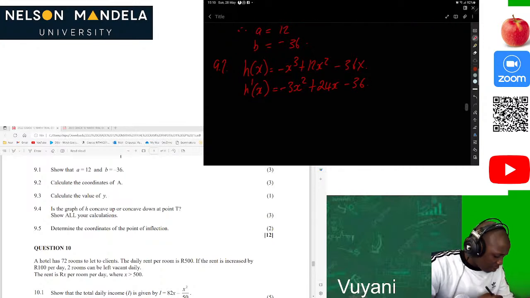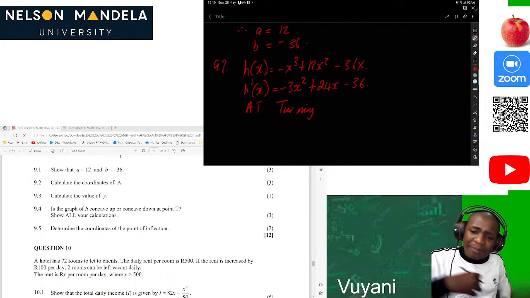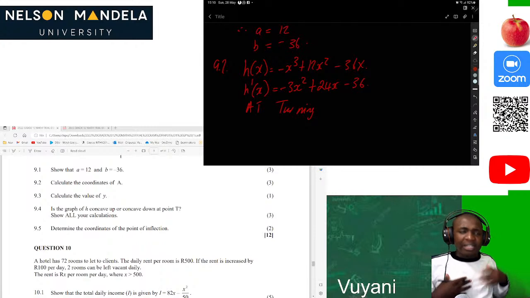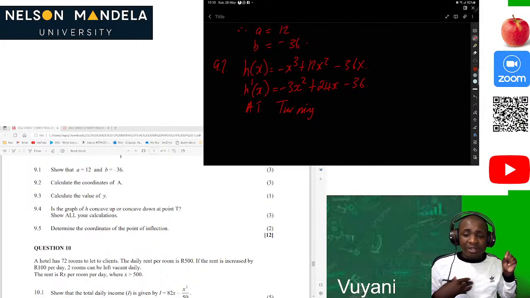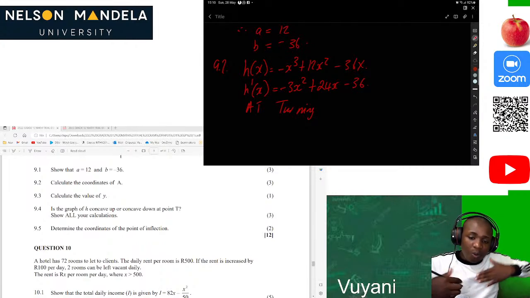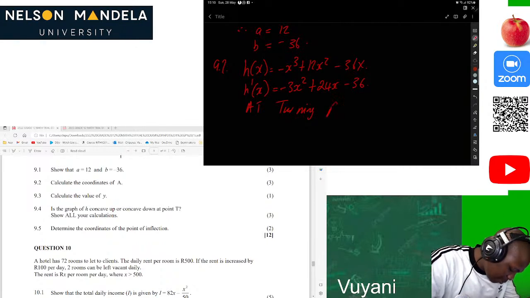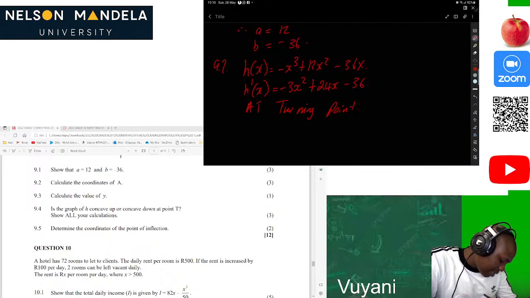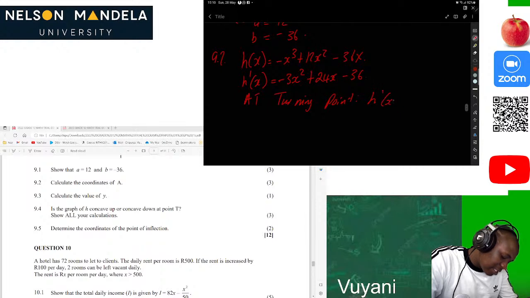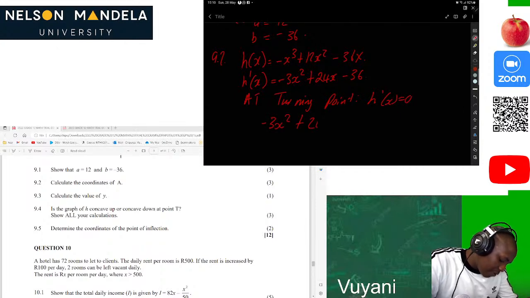Please write this in nice English so that the person who is going to mark understands what you are talking about and can follow your work. At the turning point, h prime of x should always be equal to 0. So negative 3x squared plus 24x minus 36 is equal to 0.